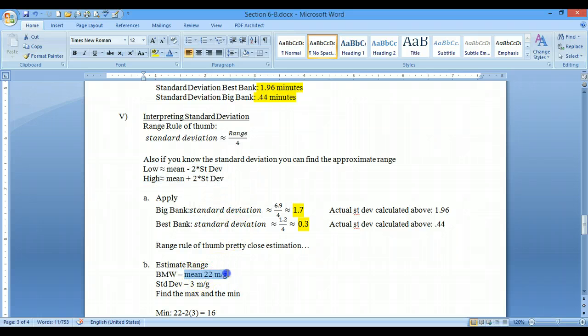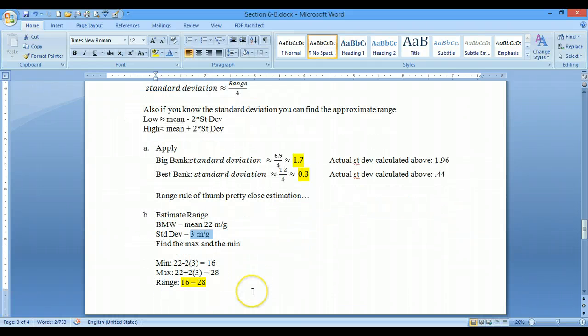So I have 22 and I'm going to add and subtract 2 times 3 for the minimum and the maximum. 22 minus 2 times 3 is 6, which gives us 16. And then I have 22 plus 6 gives me 28. Using my range rule of thumb, I have an approximate range of 16 to 28.